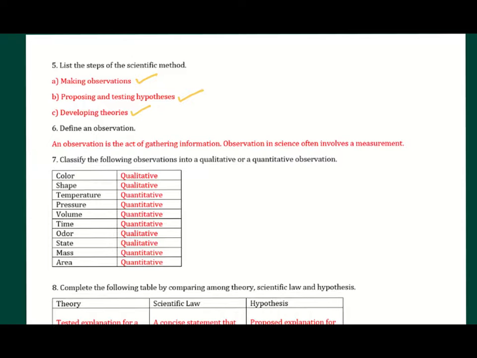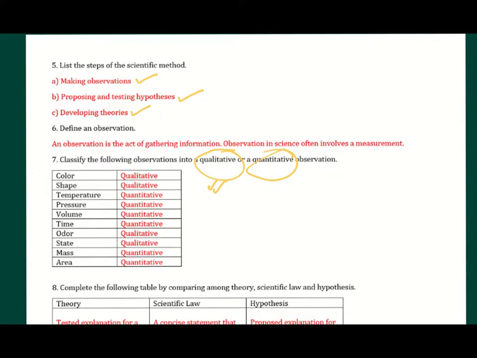Question 7. Classify the following observations into qualitative or quantitative. What is the difference first? Qualitative information does not give a value. So if I say the table is brown, the chair is comfortable, these are qualitative observations.